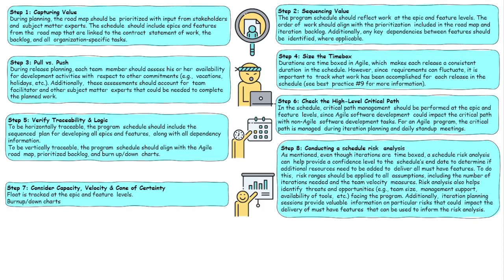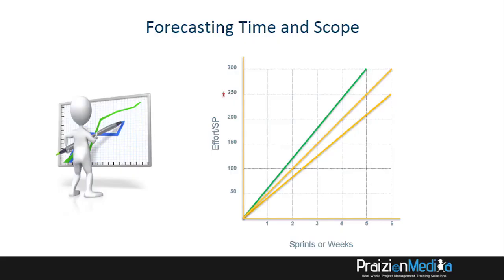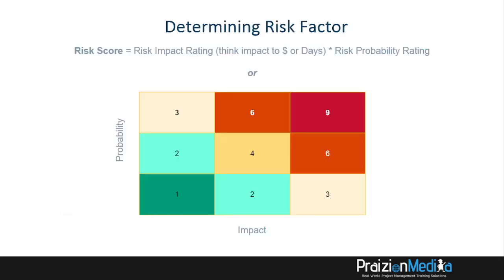And the answer is a number of ways. First of all, teams still use the concept of risk scoring when they're more advanced. We might call it something different like a risk factor, but we could still consider probability and impact.